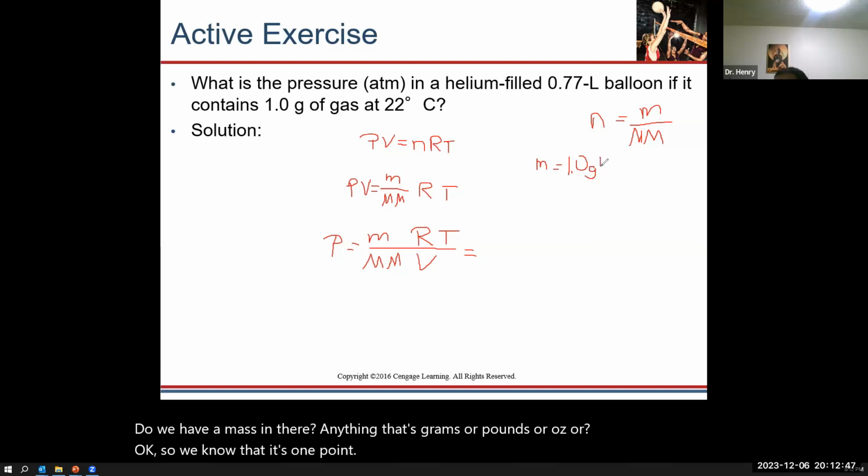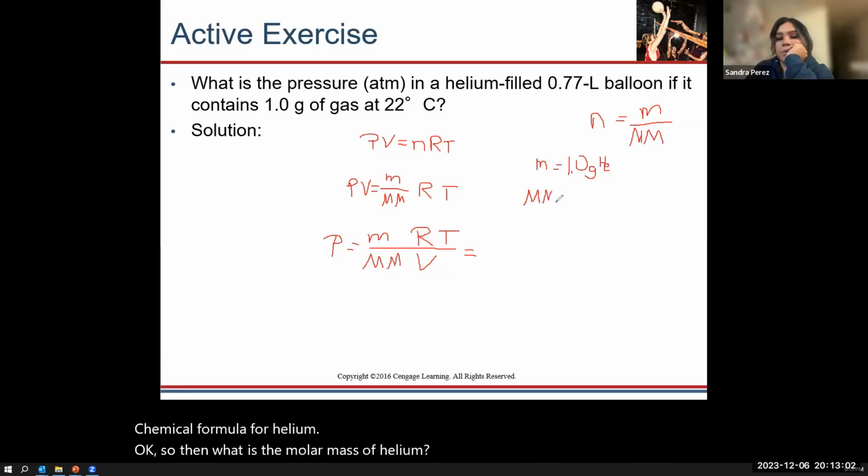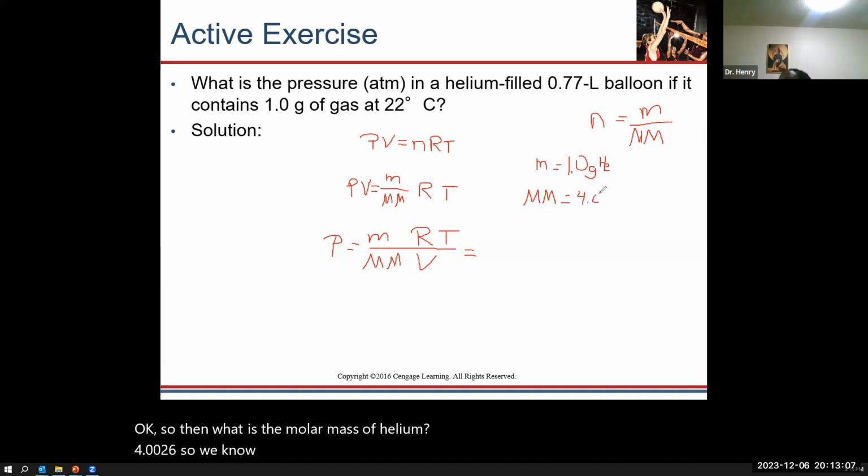And that's helium. Chemical formula for helium is He. Okay. So then what is the molar mass of helium? 4.0026. And that's grams per mole of helium.